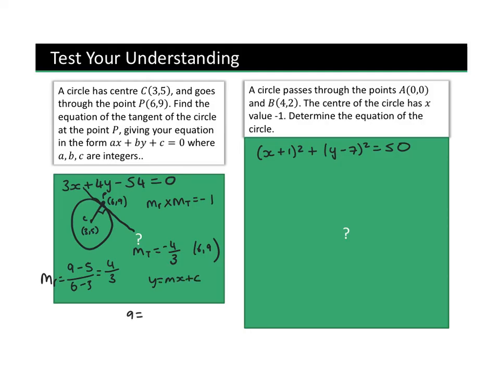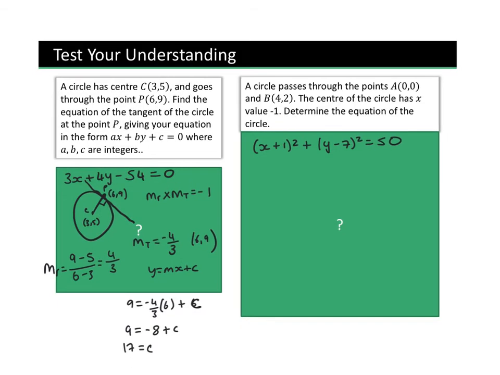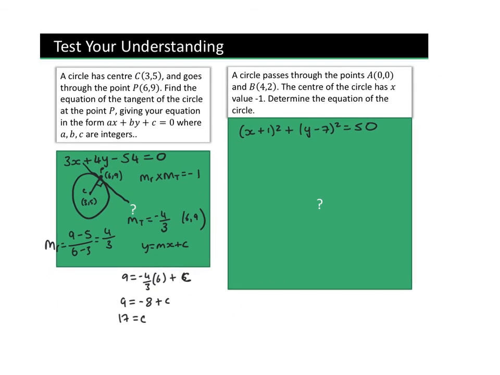So I'm going to get 9 = -4/3 × 6 + c, so 9 = -8 + c. I don't know why I've put a 6 there. So 17 = c. Sounds about right. Then we're going to have y = -4/3 x + 17.